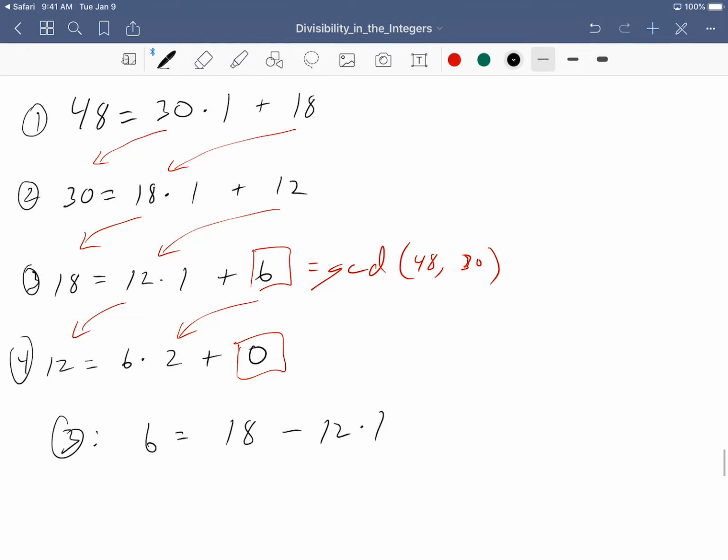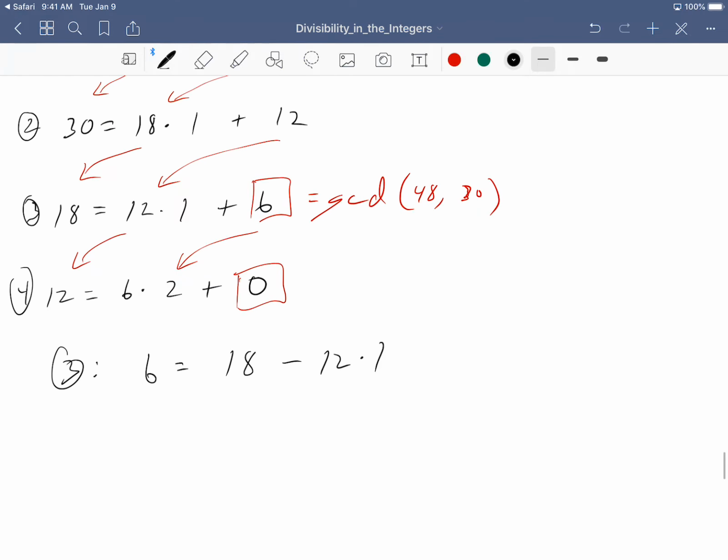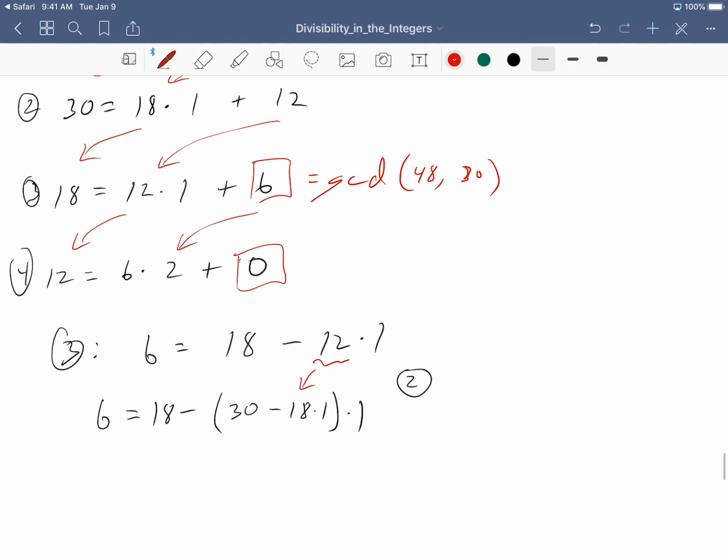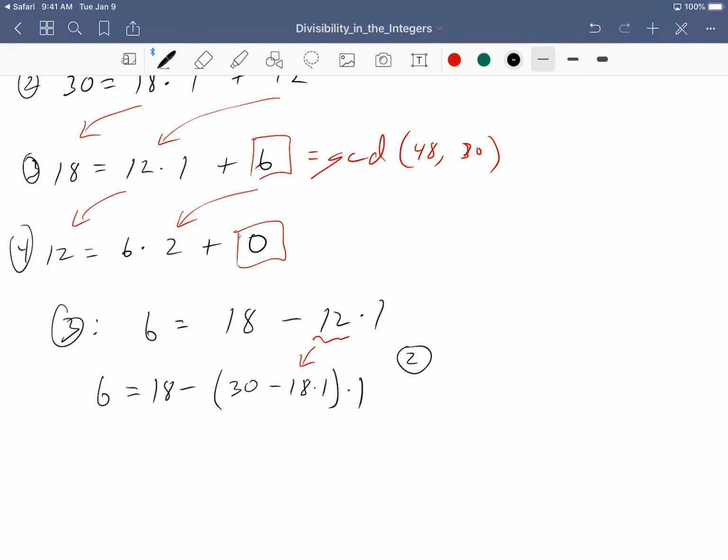Then I'm going to try to replace the 18 and the 12. If I look at number 2 and use it as a replacement, I have 6 is 18 minus 12, and 12 can now be written as 30 minus 18 times 1. I've just replaced my 12 using equation 2 with 30 minus 18.